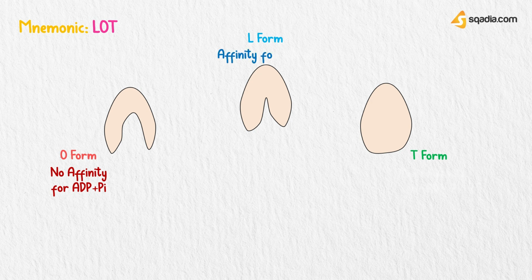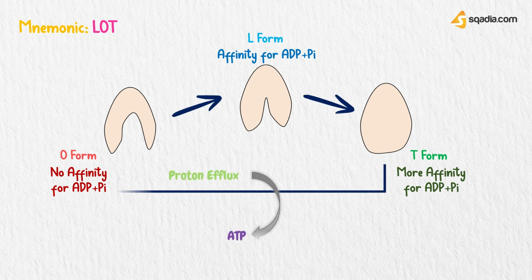In this form, ADP and inorganic phosphate bind with more affinity than the O form, but catalytically it is inactive. Last one is the T form, which is for tight form, in which substrate ADP and inorganic phosphate bind tightly with this form and catalyze ATP synthesis. Each form is interconvertible into each other by certain conformational changes.